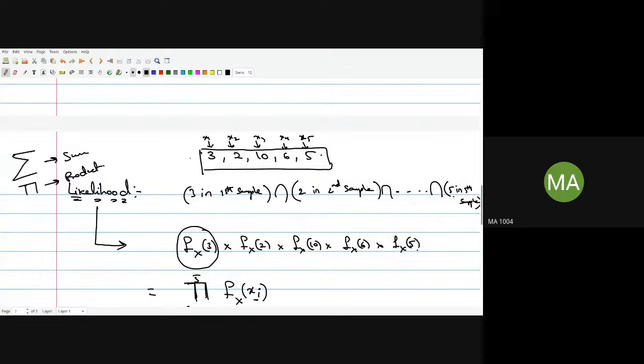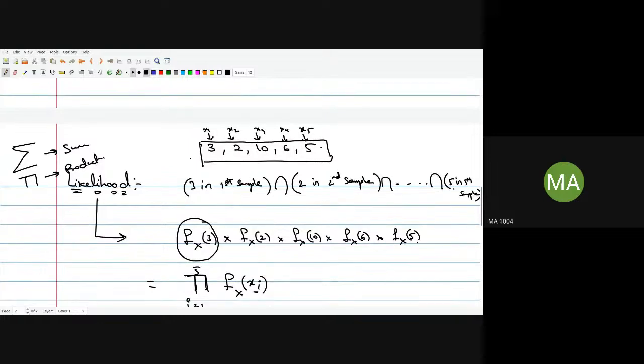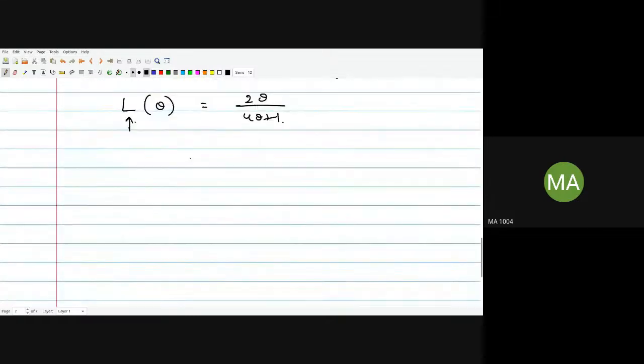Because we observed that, right? We observed 3, 2, 10, 6, 5. So for which value of P does getting this particular sequence have a high chance? That is why we are going after maximizing.